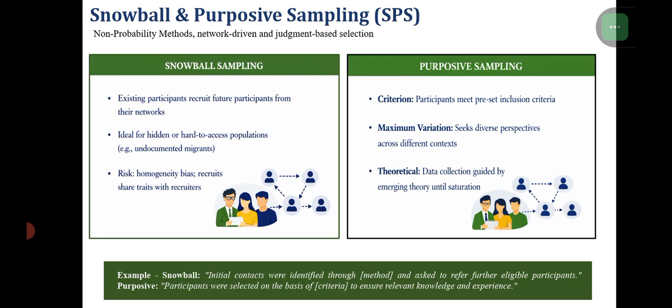So it is a sampling technique that works based on referral because the population is hidden. One or two participants you have end up helping you to recruit others to participate in your study.